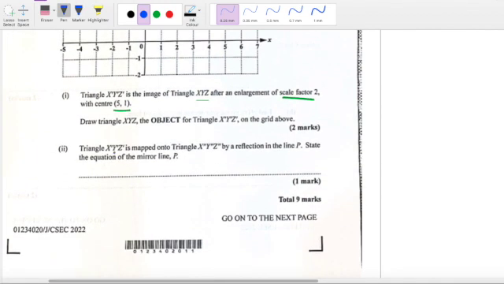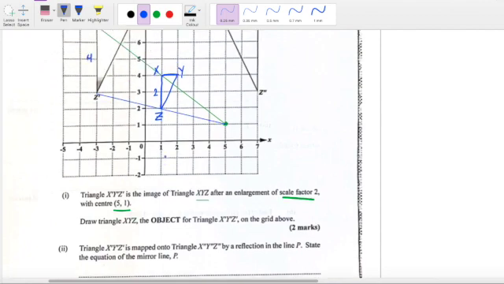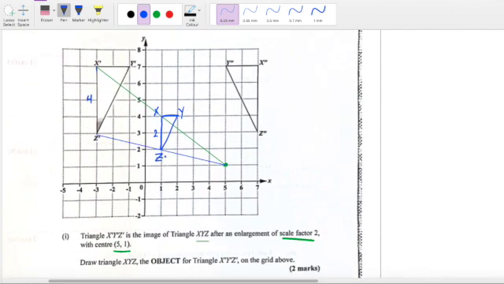The triangle XYZ prime is mapped onto the double prime by a reflection in the line P. State the equation of the mirror line. So a reflection in the line P. We could see here 1, 2, from this point to this point. 1, 2, 3, 4, 5, 6.